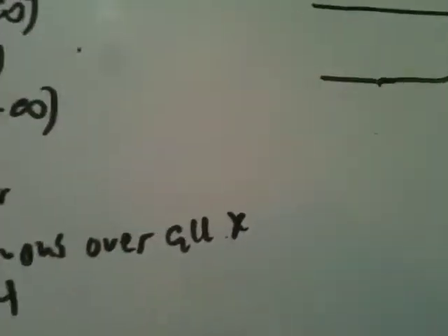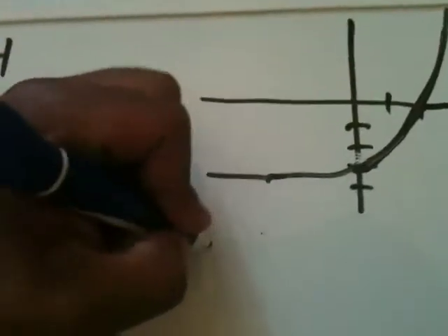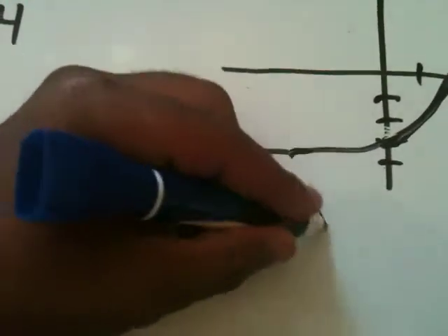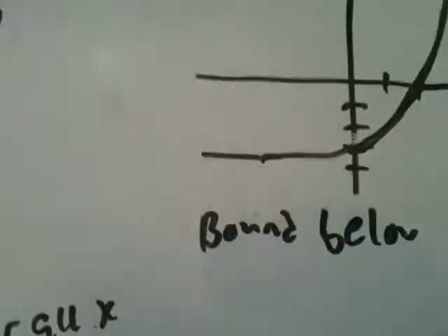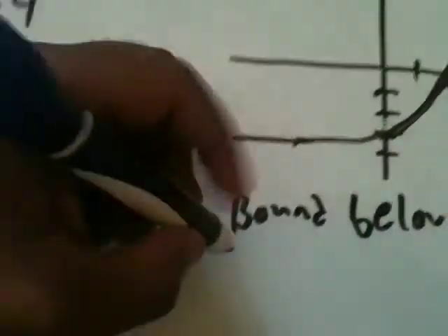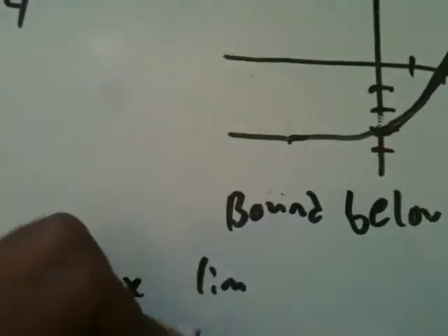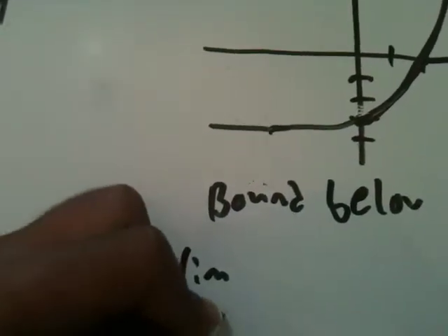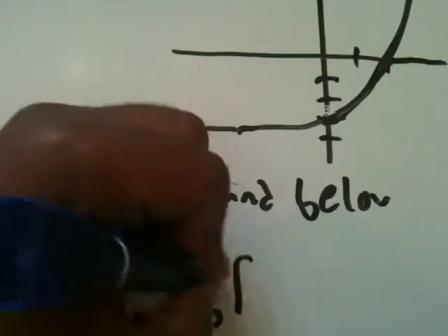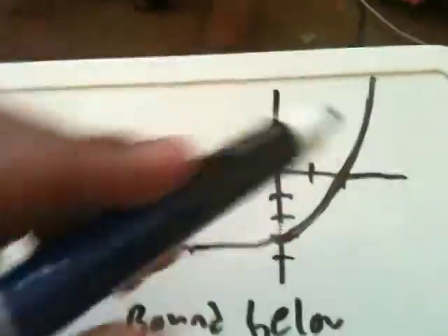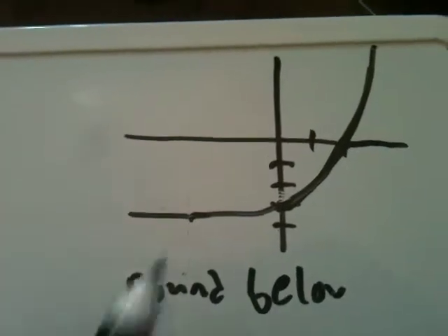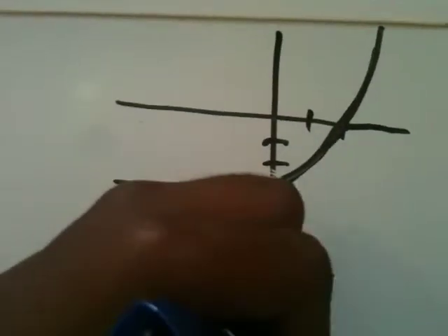First, we can see that this function is bounded below. And now our end behavior. We write the limit as x approaches infinity of f of x. It's getting strictly higher, going higher as x gets bigger and bigger. So we say infinity.